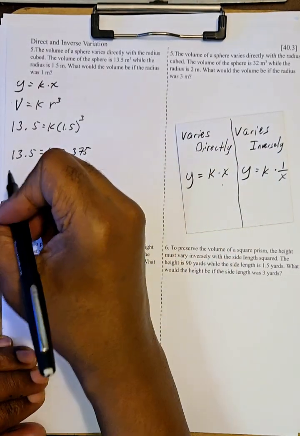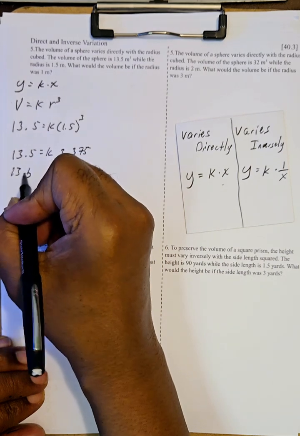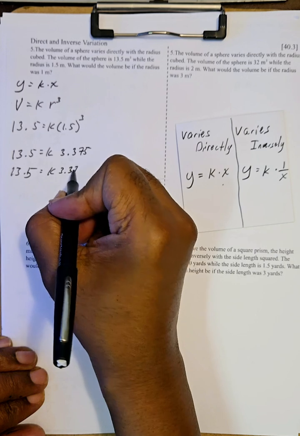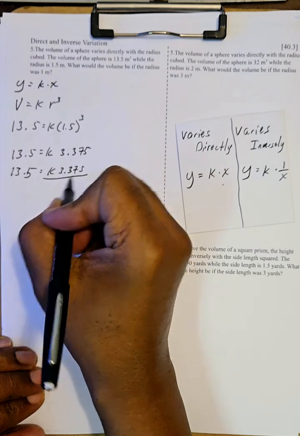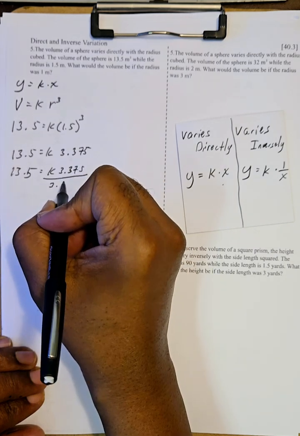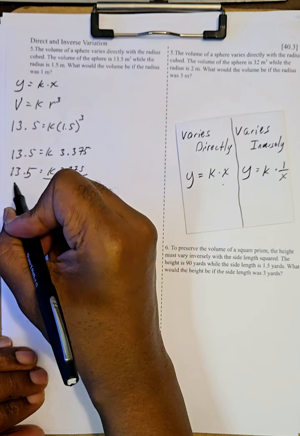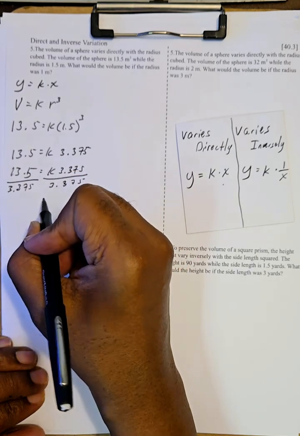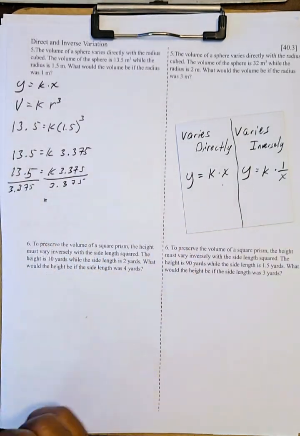Okay, so the 13.5 needs to come down, the k needs to come down, and this becomes 3.375. So I'm going to take 13.5 equals k times 3.375, and divide both sides by 3.375. Now from here I'm going to use my calculator.